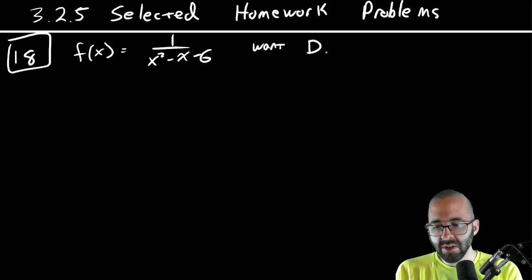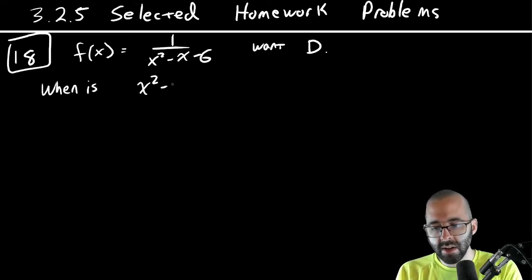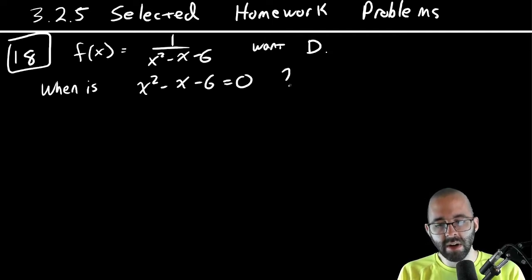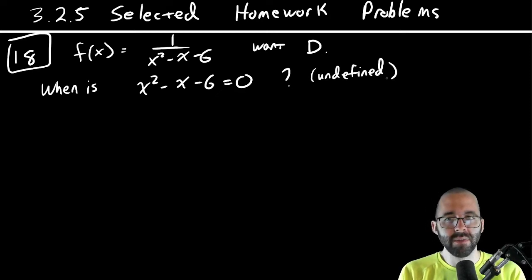So we need to figure out, when is the denominator equal to 0? Because when the denominator equals 0, that's going to be undefined here. So we have to solve this equation.